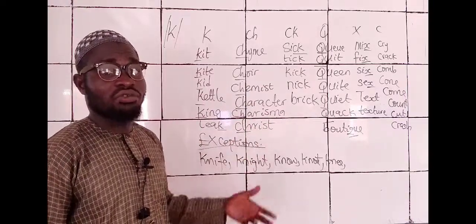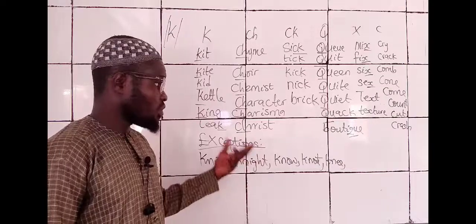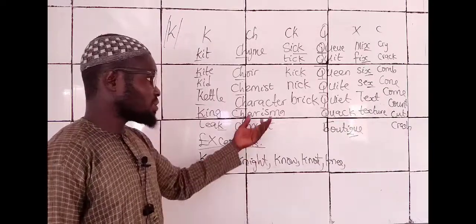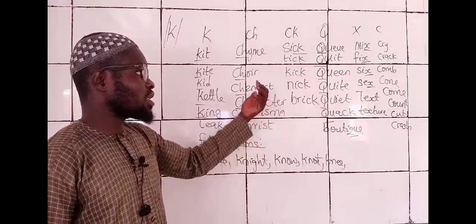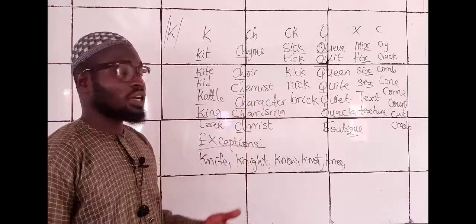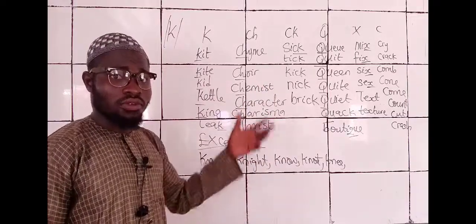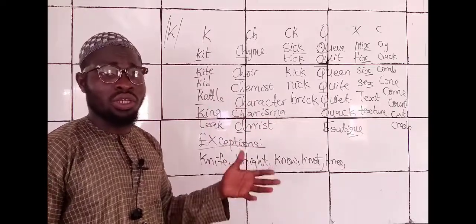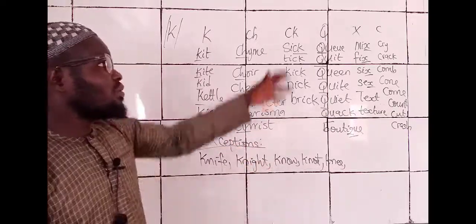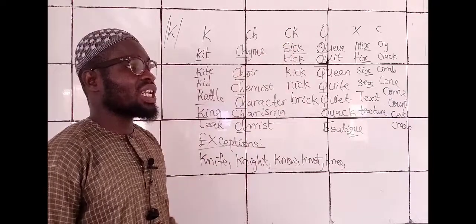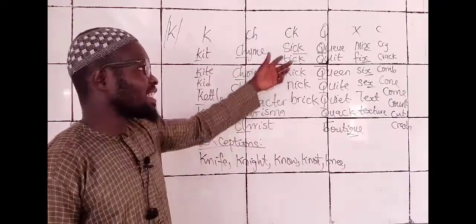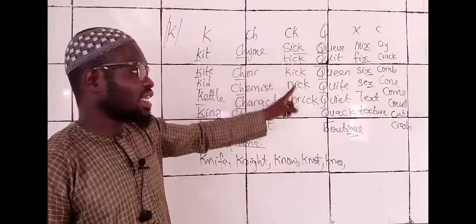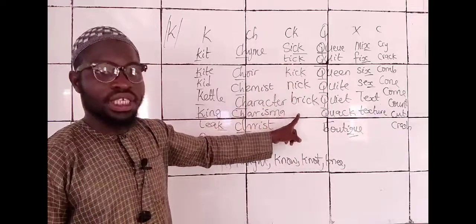We have other words that are to be realized as k, like Christian, charismatic, characterization, chemical, and then we have others. But for other words, they are to be realized as other sounds. Now, whenever we find CK, they are to be realized as k. So we have sick, tick, kick, nick, and brick.